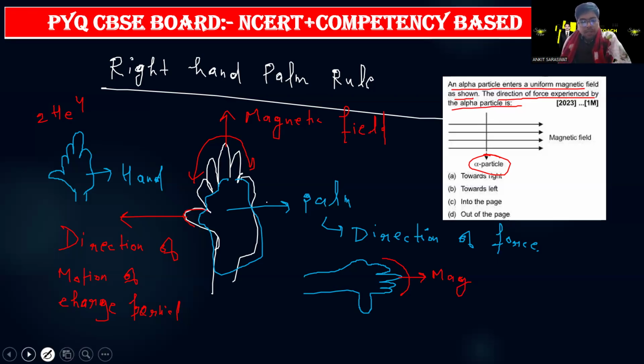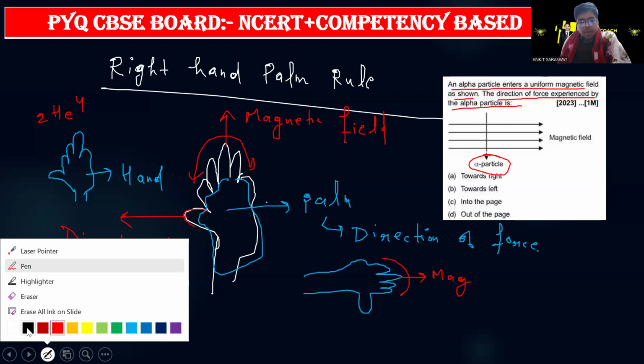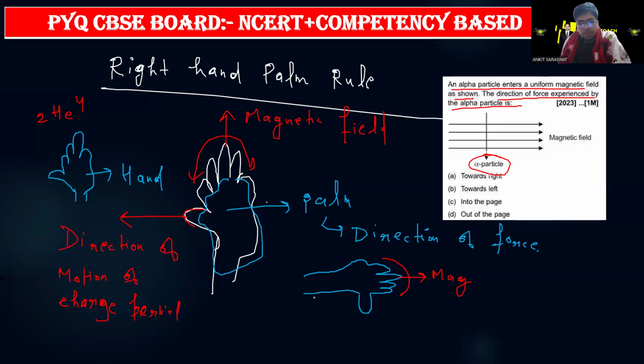Then your palm is indicating the direction of magnetic force. Now where is the palm? This is your palm. Clear? Your palm is indicating the direction of magnetic force. Now, magnetic force is always perpendicular to the field and the motion of the charge. All three are mutually perpendicular.